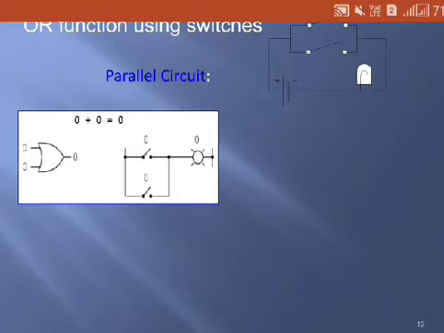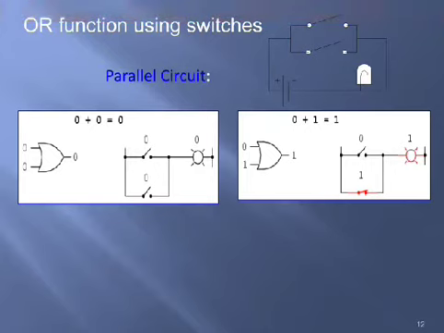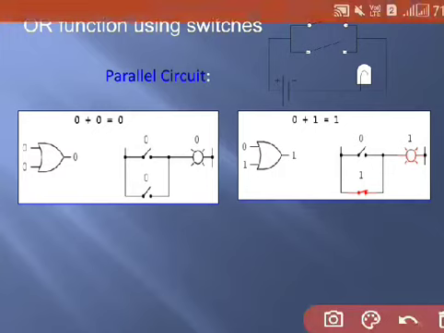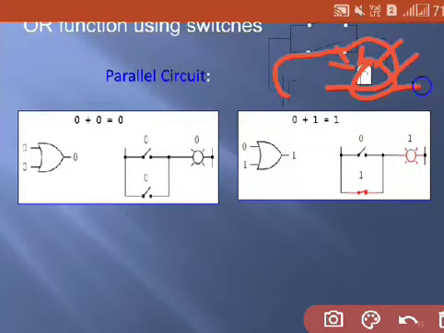Similarly, if you consider the second case, that is 0 plus 1, one switch is open and the other switch is closed. Let us assume this switch is closed like this. A closed path exists through this closed switch, so the lamp will be glowing.